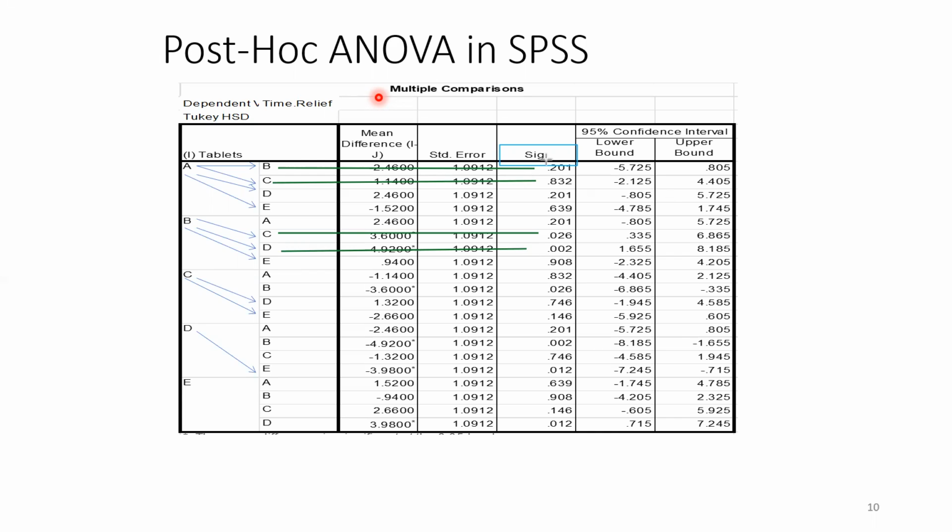Similarly, we have one more comparison, D and E, which has the p-value 0.012.